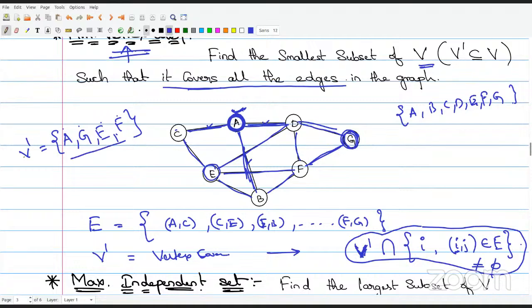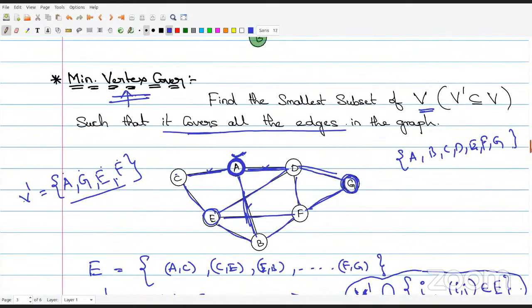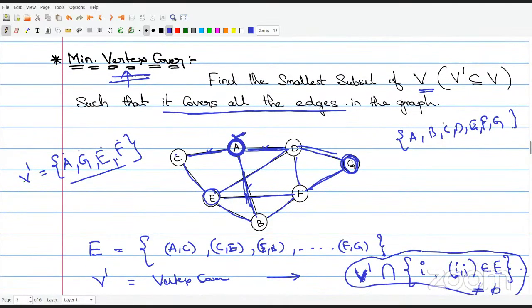If I can cover all the edges using only 3 vertices, then that will be the minimum vertex cover. The difference between vertex cover and minimum vertex cover is that. This is also a vertex cover, but this has fewer vertices than that, so this will be the minimum vertex cover.